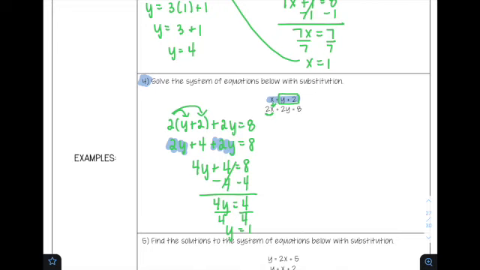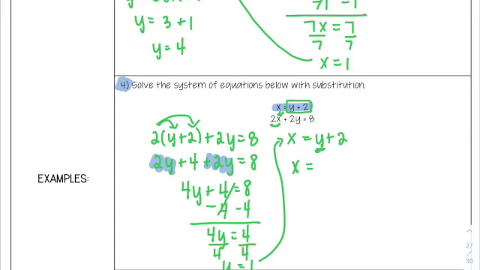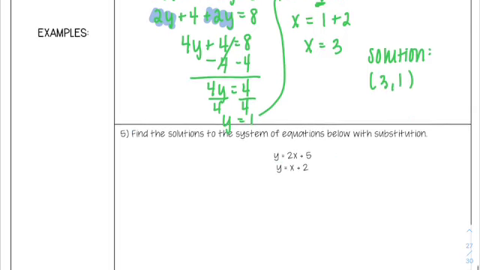So here we're going to use x equals y plus 2. We're going to substitute y into this expression and get x equals. So we have 1 plus 2 and x equals 3. And our solution would therefore be 3 comma 1.